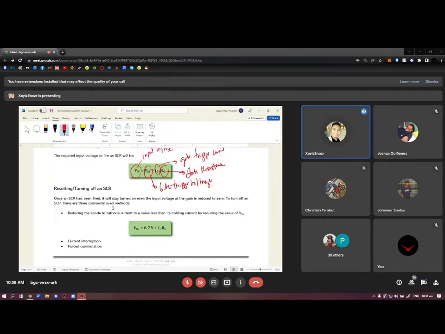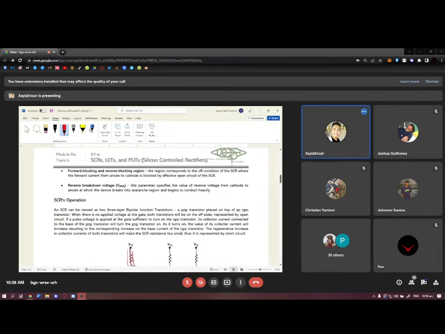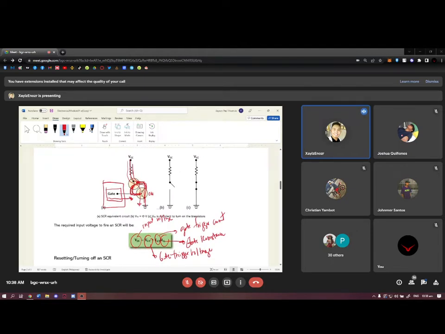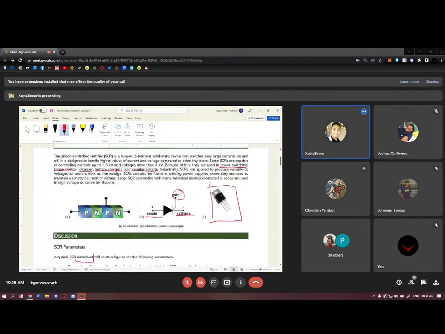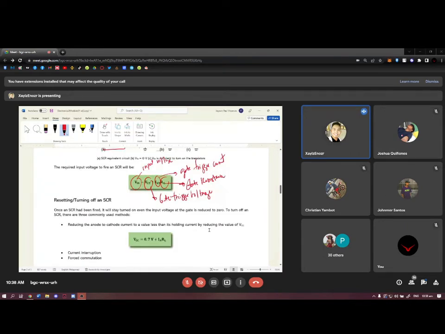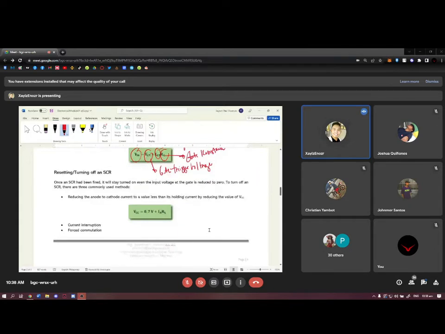Okay. So, una daw, ang gagawin mo is i-reduce mo yung anode to cathode current. Okay. Kung ito yung SCR, ito yung anode, ito yung cathode, ito yung gate.